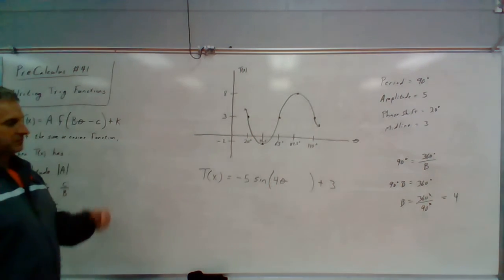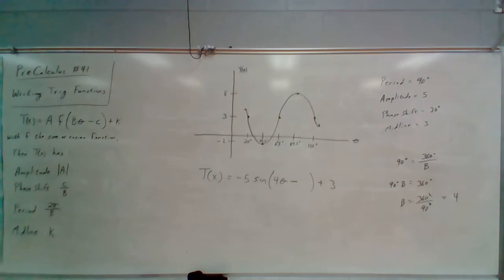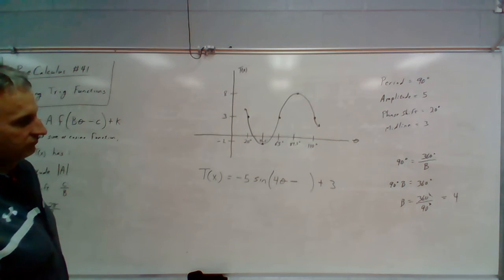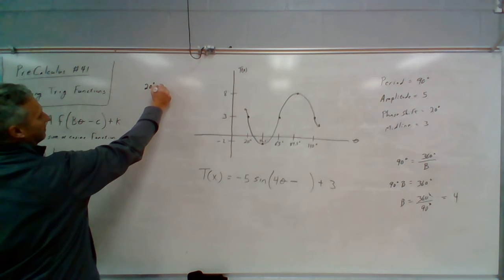It's been shifted to the right, so I know this is going to be minus. Now all I have to do is figure out what the c is. And the c involves the phase shift. I know my phase shift is 20 degrees.